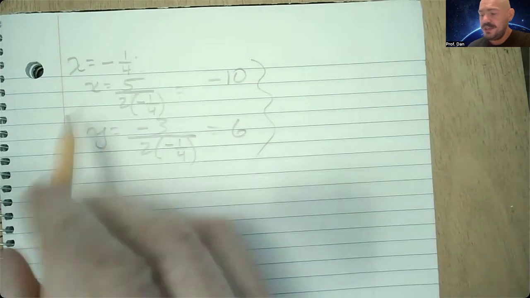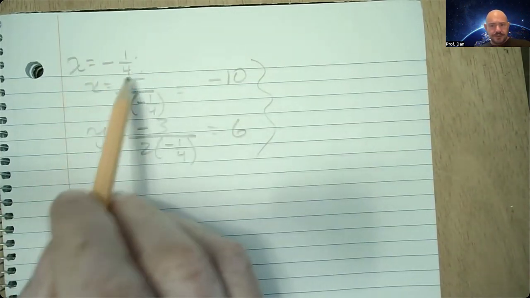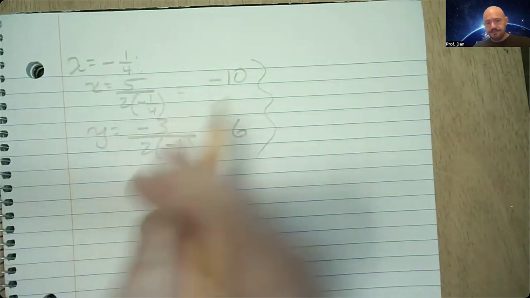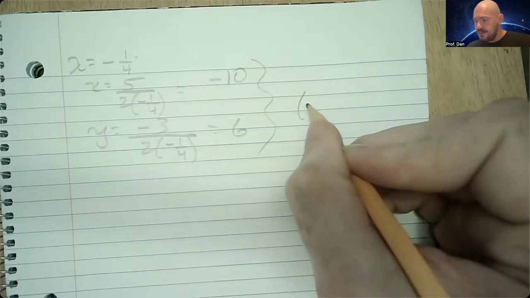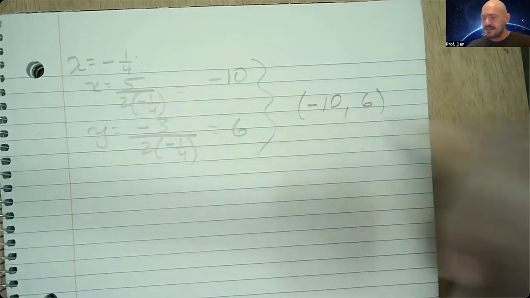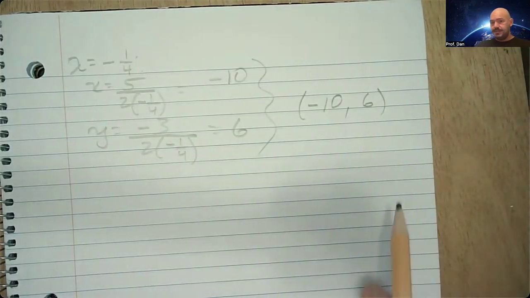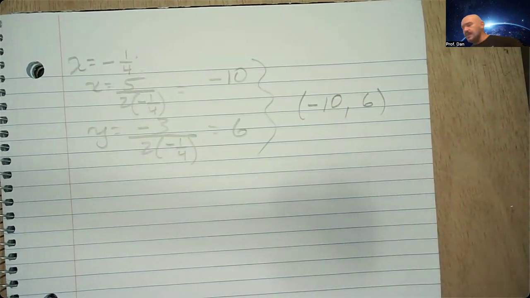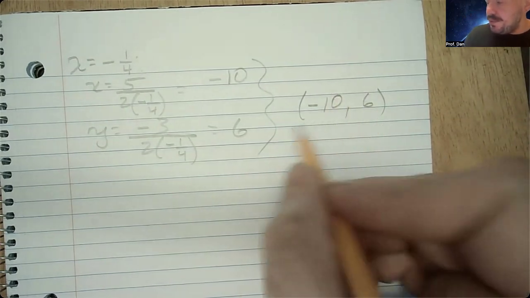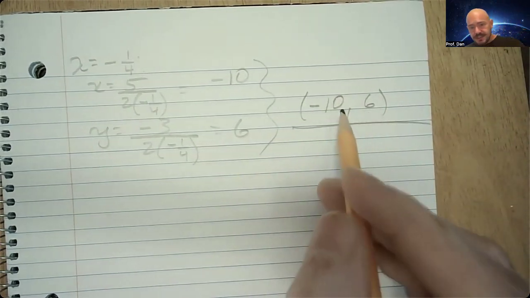So collectively, when I use -1/4 as my Lagrange multiplier, the result is the coordinate (-10, 6). Remember, that's an input coordinate. We still have the z coordinate if we want to say where on the surface we are. So this is one point that we're going to have to test.